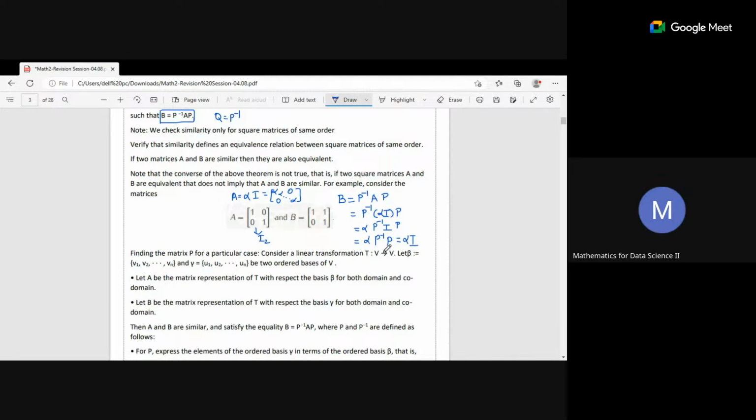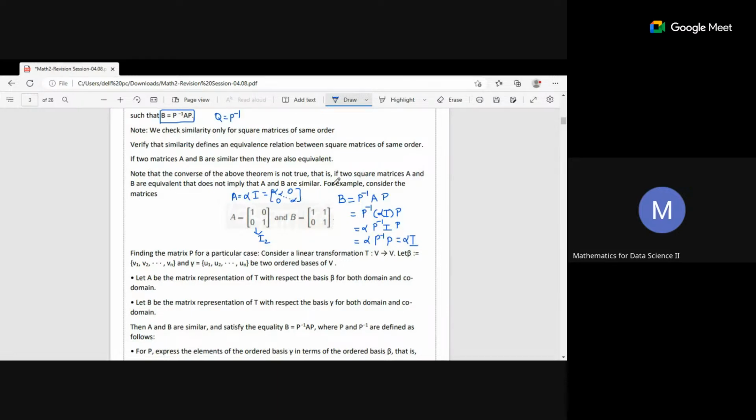Identity matrix. So you get B is equal to alpha I, which is not the case, right? So it means you cannot have any other matrix which is similar to A if it is of this form alpha times I. The only matrix which is similar to this matrix is itself. You cannot find any other matrix which is similar to this.